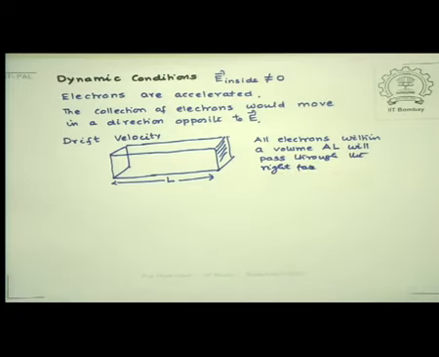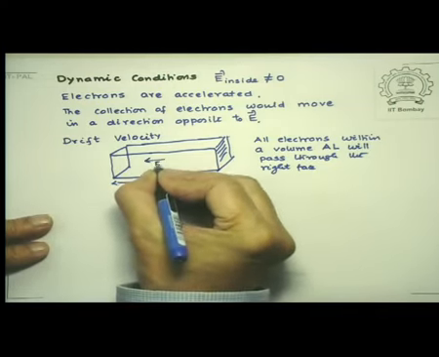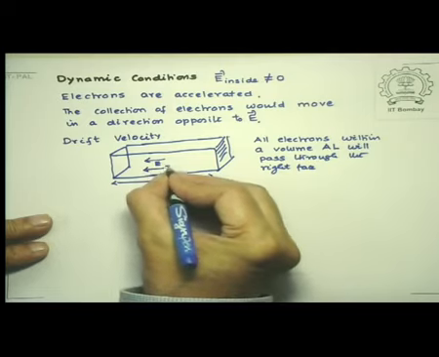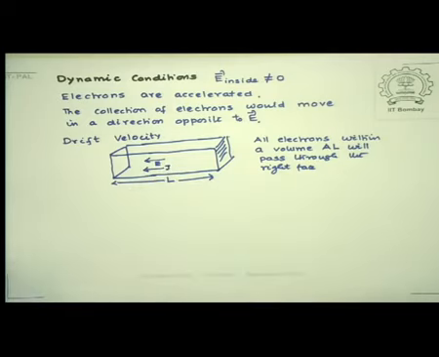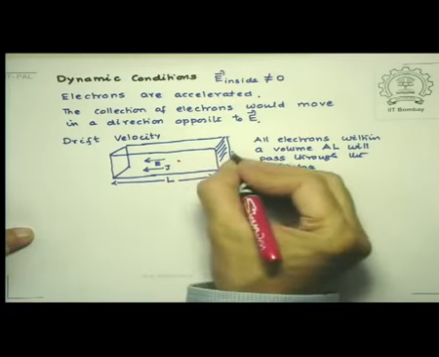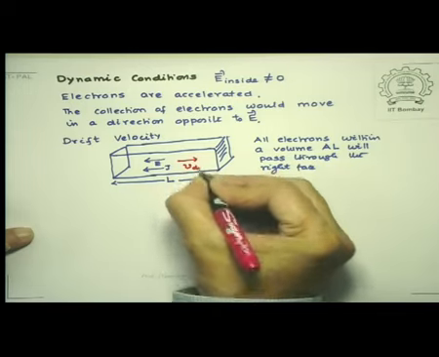In this picture, this is the direction of the electric field, which is also the direction of the current density, and the electrons are on an average moving towards the right, and that is the direction of the drift velocity, which we represent by Vd.